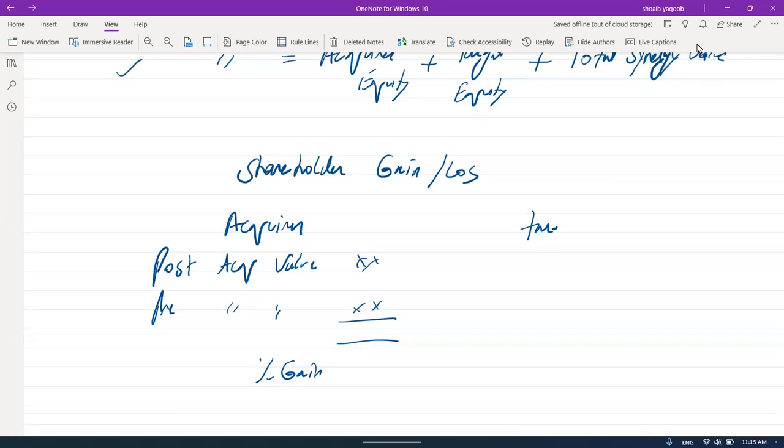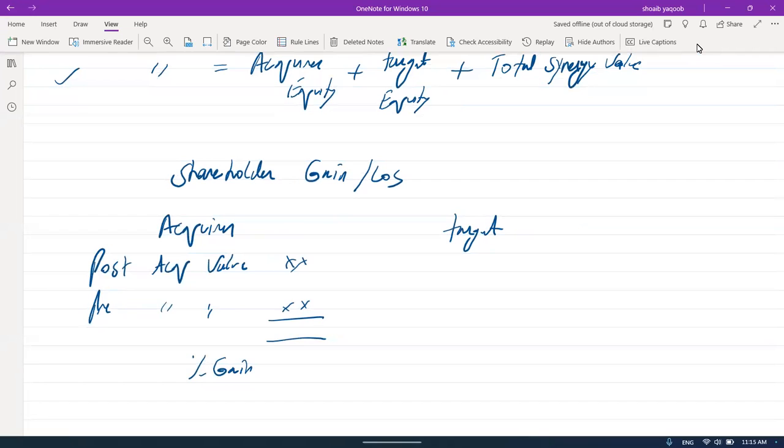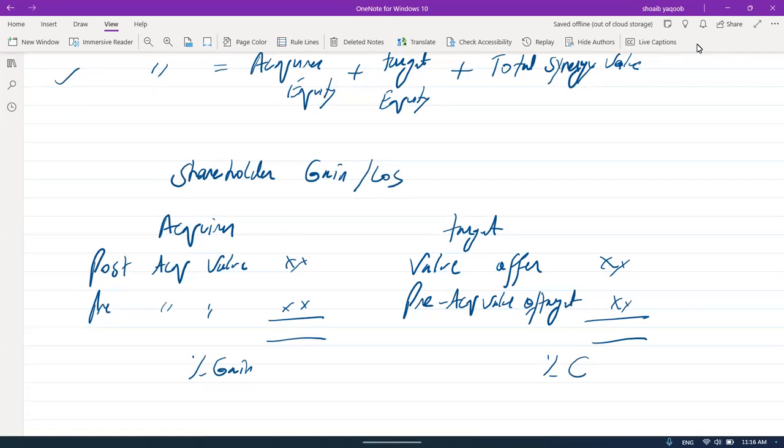By the way, I recommend the table approach, but you can also use this approach. For the target, compare the value offered with the pre-acquisition value of target. Then calculate the percentage gain.